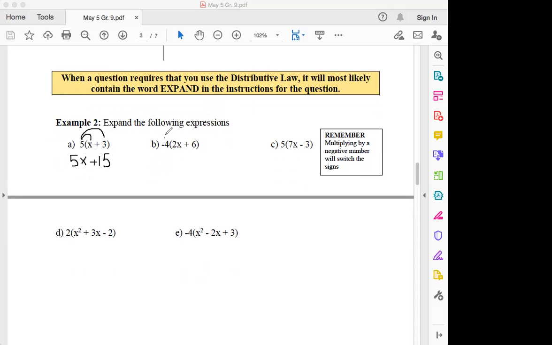Okay, we're gonna do the same thing here. So just keep in mind that with the 4 here, there's a negative. So we're doing -4 times 2x, which will give us -8x. And -4 times 6, which gives us -24.